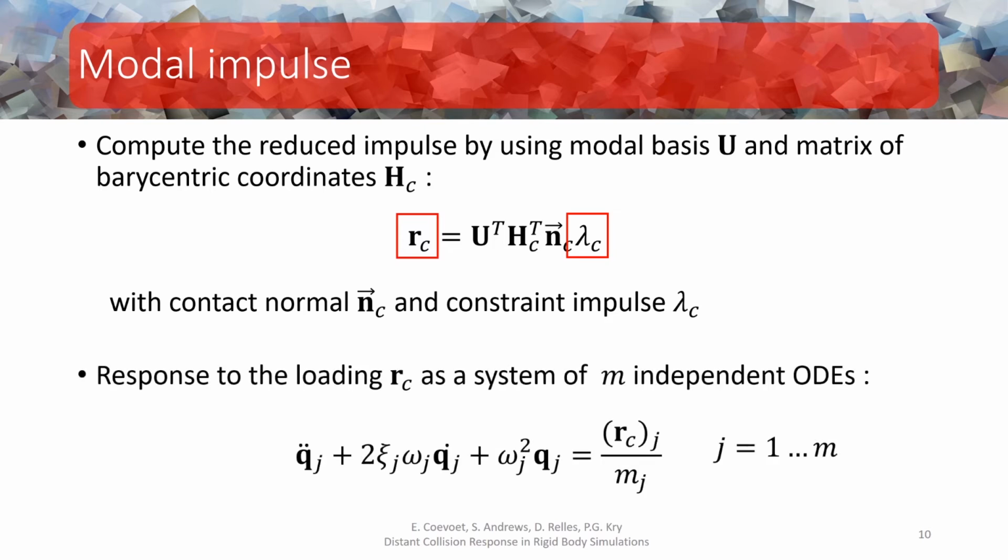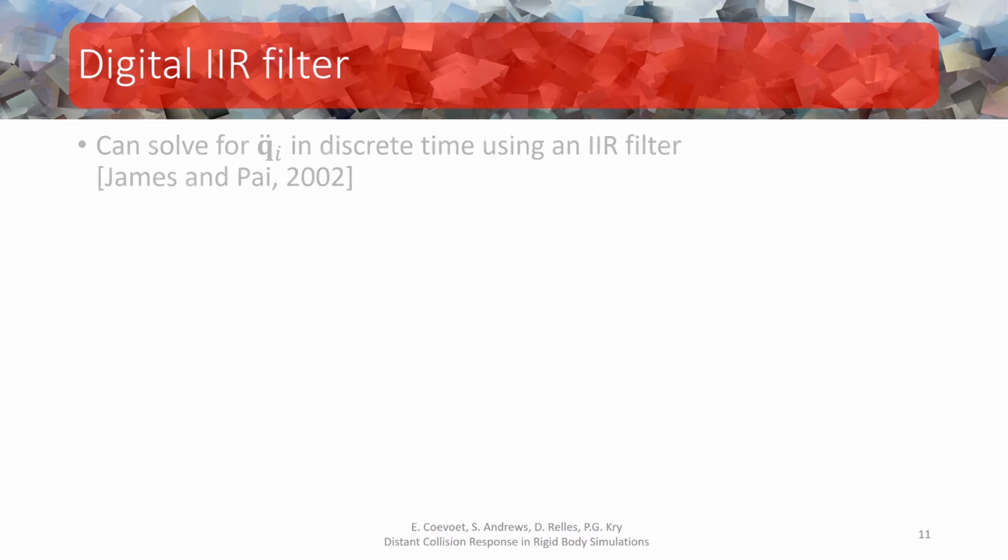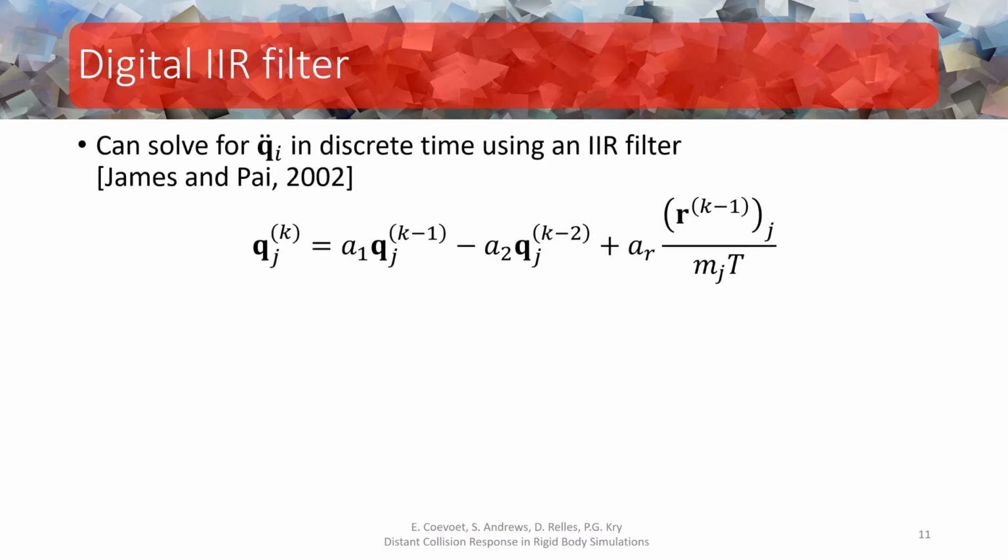Conveniently, this can be done independently for each of the resulting differential equations, since each mode is decoupled in the reduced model. I'll refer you to the paper for details on how to compute the coefficients shown in the ODEs here. We can determine the response of each differential equation independently by using a digital IIR filter to integrate the equations. We compute the filter coefficients in the same way as James and Pai in their work on dynamic response textures.